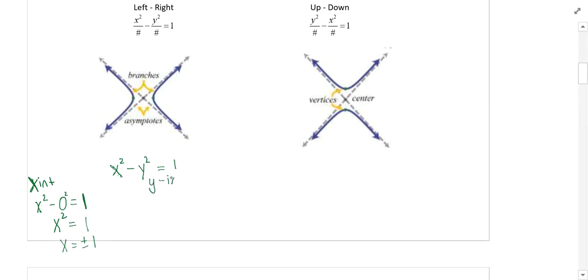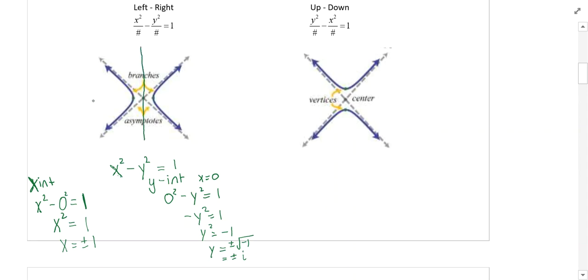When I want to find the y-intercept, we need to make the x 0. So I'd have 0 squared minus y squared equal to 1. Negative y squared is equal to 1, which means y squared is negative 1, and I have y equals plus or minus the square root of negative 1, or plus or minus i. The fact that that's coming out as an imaginary number means I'm never going to cross the y-axis.